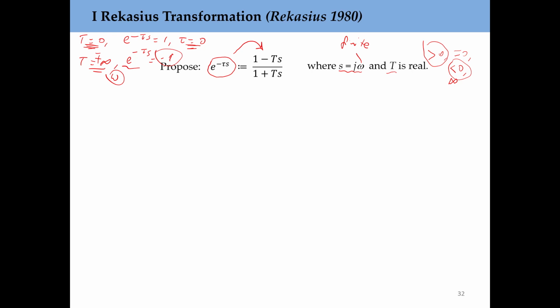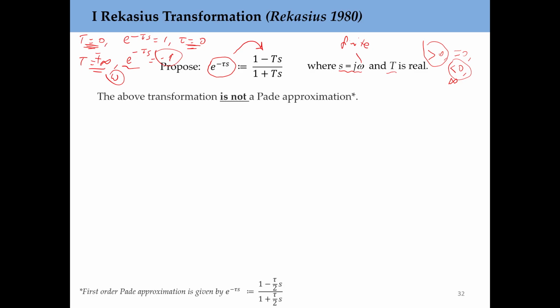All right, let's take a look at under what conditions this transformation would hold. Before we do that, we need to note down something, because there has been some confusion in the literature and among some colleagues, thinking that this is a Padé approximation.